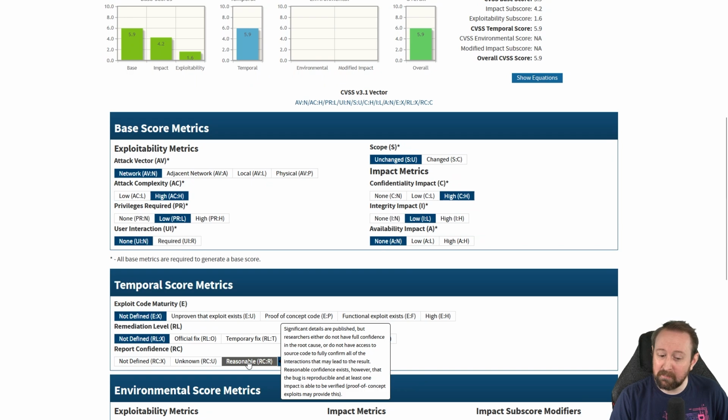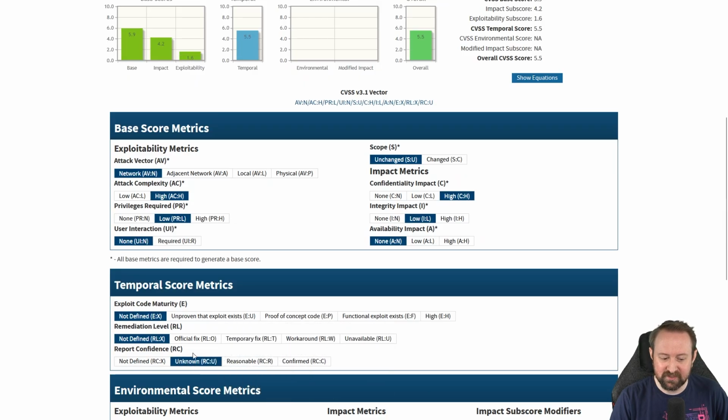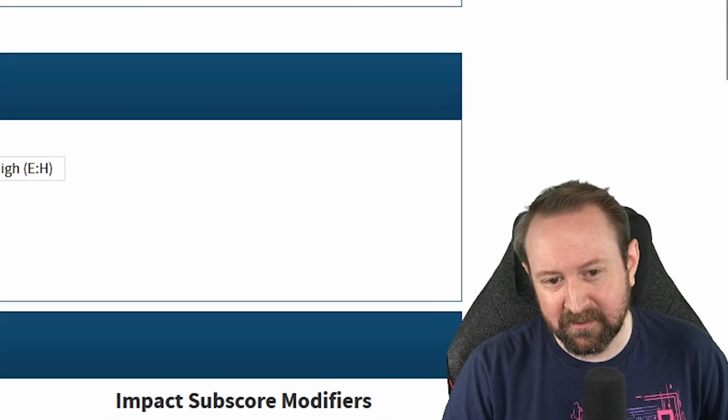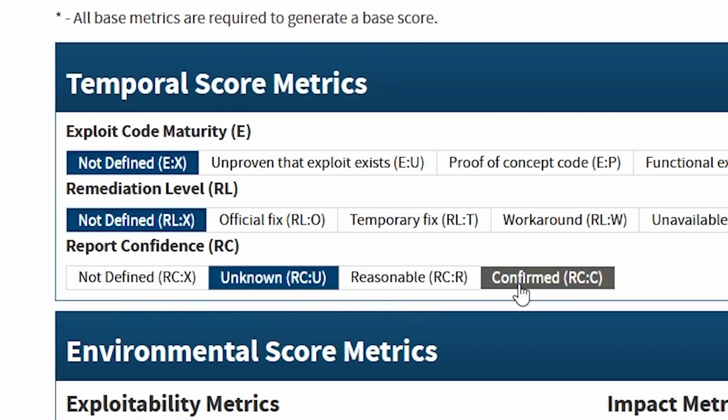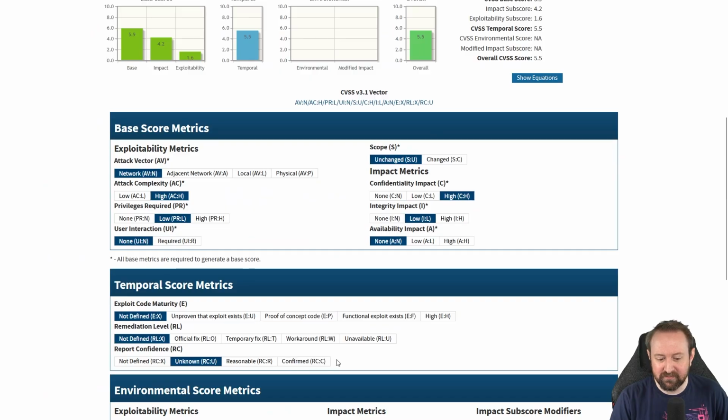If there's only blog posts by researchers, and there's no proof of concept and there aren't many details about it, you might put reasonable. If this is a vulnerability which people have talked about but there's not really any proof of that, you can put unknown. But to be honest with you, I don't use any of these because, if you're a pen tester, you should be confirming all your vulnerabilities anyway, right? So I usually would put confirmed or just not defined.